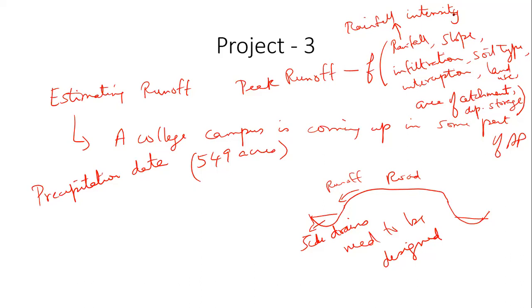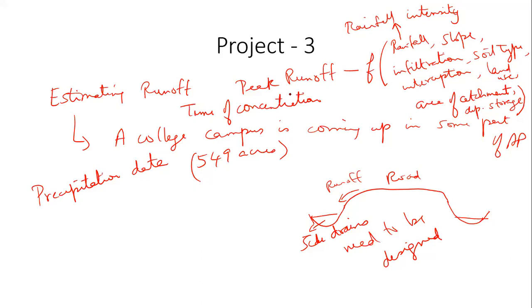Okay, it does play a role, but Chakradhar was hinting at it. Anybody is able to tell me which duration we should look at? Time of concentration. Time of concentration. Good.